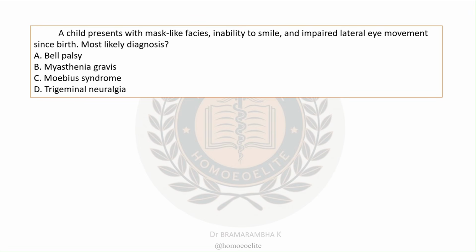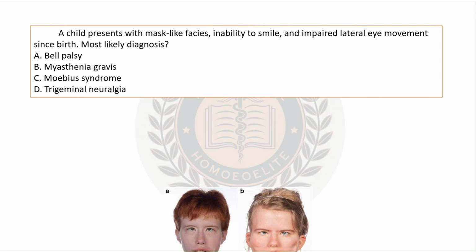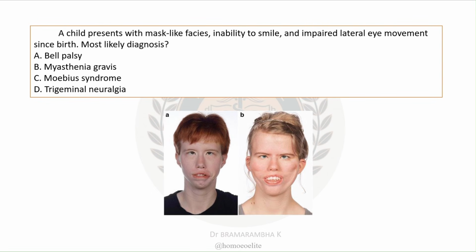Here is another MCQ. A child presents with a mask-like face, inability to smile, and impaired lateral eye movement since birth. Most likely diagnosis: Bell's palsy, myasthenia gravis, Moebius syndrome, or trigeminal neuralgia? This is how the child appears to be.